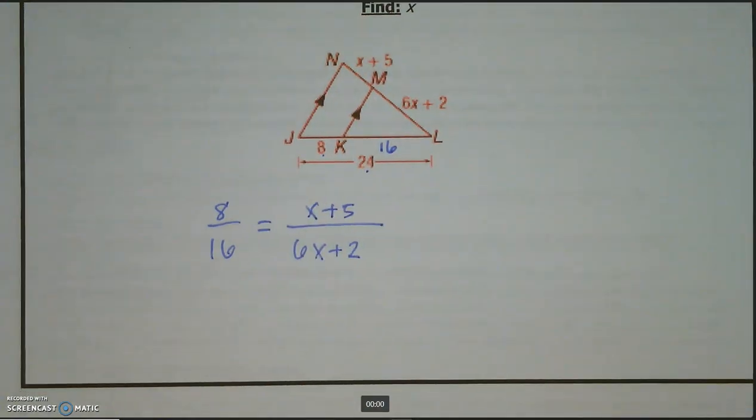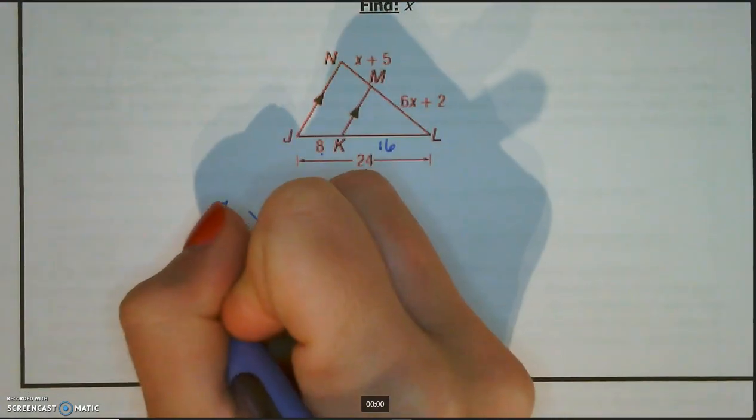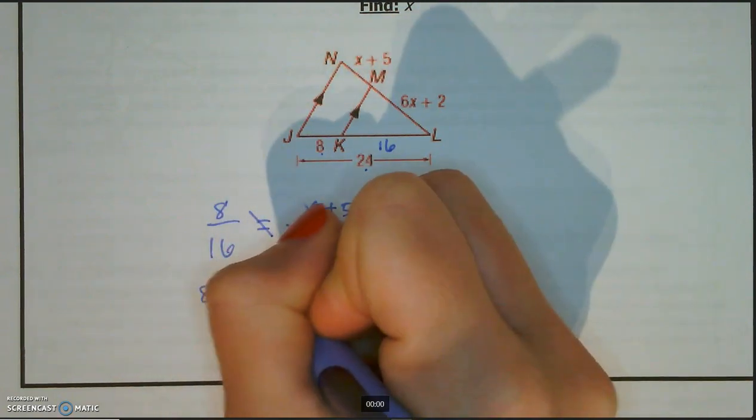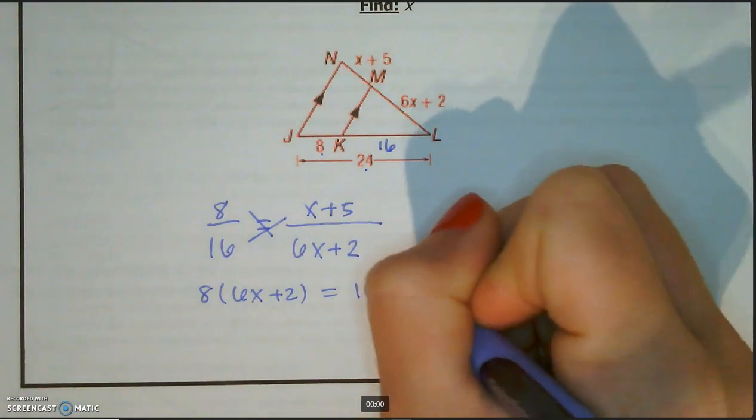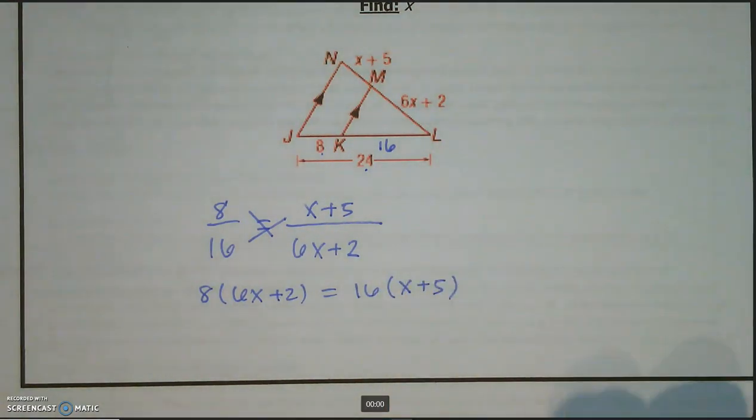Now, when you cross multiply this one, you're going to have to be very careful with your distribution. It's 8 times this entire binomial, and it's 16 times this entire binomial. So we're going to have to make sure that we distribute into the parentheses.